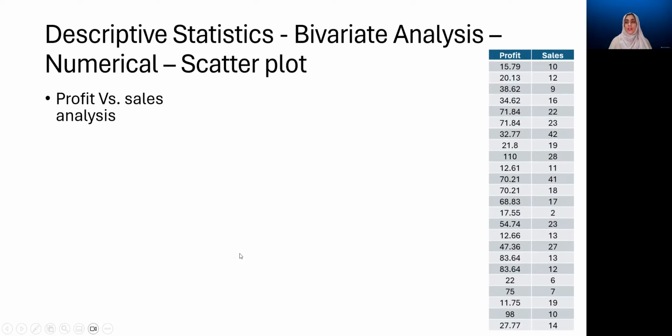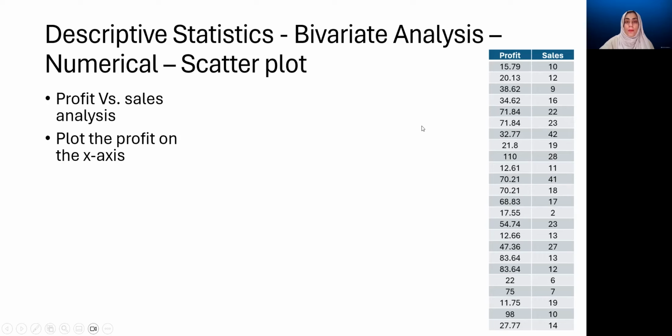Let's consider this data set where we have two variables. One is the profit against any products, and then the sales of those products. So we should expect that if the profit is higher, its sales will be lower, and if the profit margin is lower, its sales will be higher, because then the product would be cheaper.